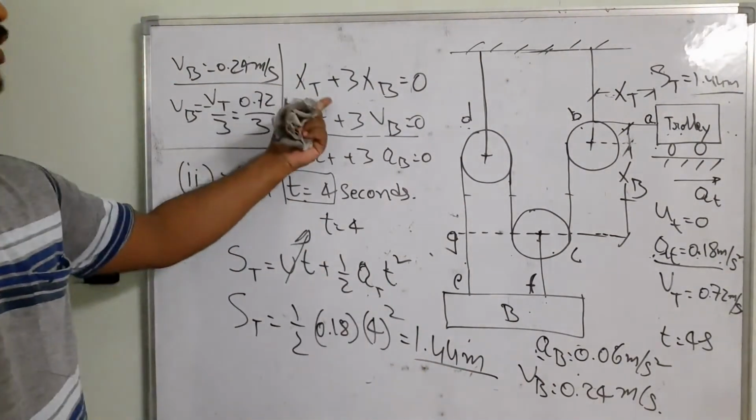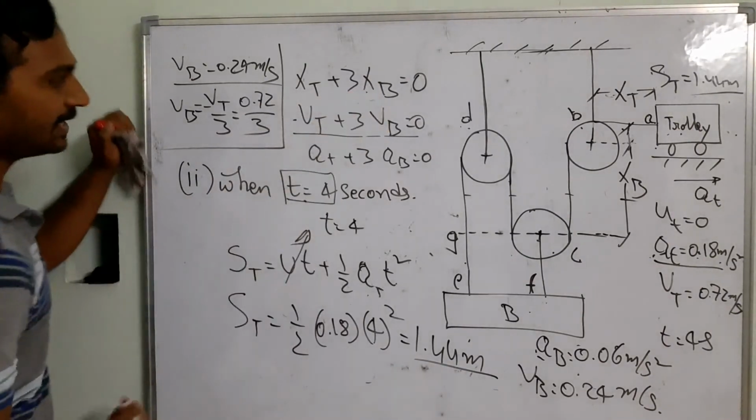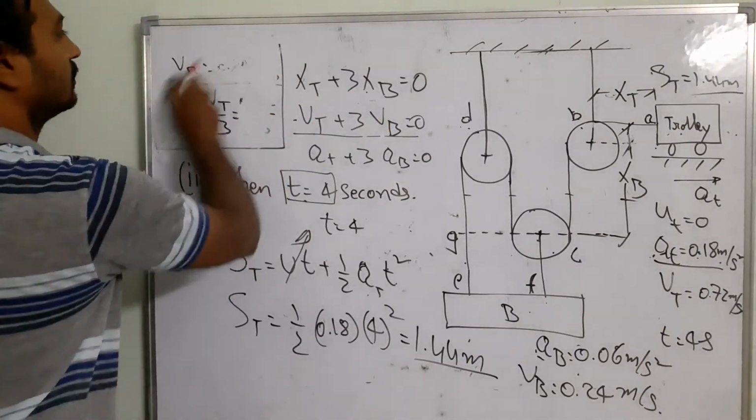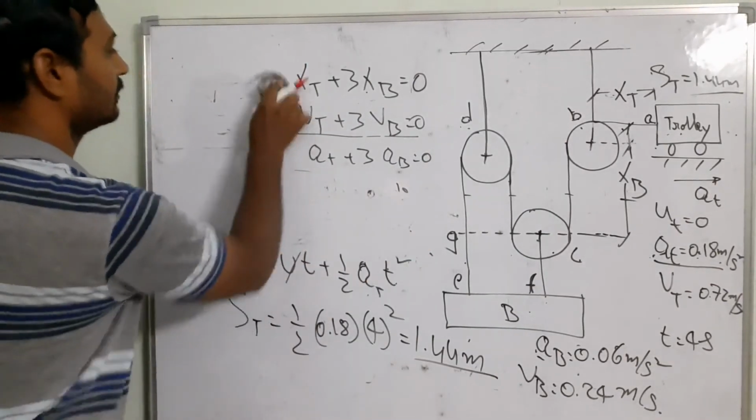If I substitute in this equation, what am I going to get? x_b is equal to, so this value I am going to be writing over here.